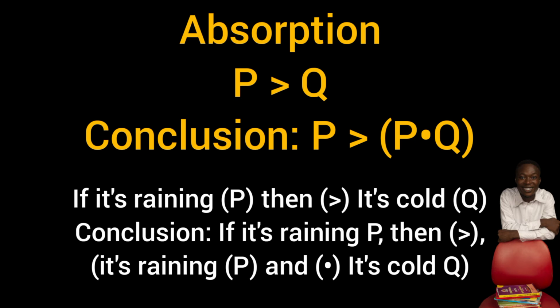The conclusion will be if it's raining, then it's raining and cold. P stands for it's raining, and Q stands for it is cold. Okay, so that is for absorption.